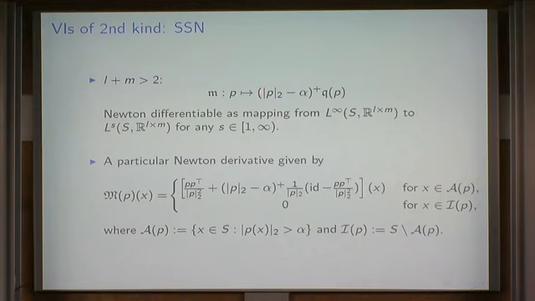And if you're on the so-called inactive set, which is everything else, then you can somehow specifically choose this derivative. I mean, this is just one selection. Remember, I gave you this theorem which says you can make a selection. So this is not an arbitrary element. This is a particular selection because I made a choice on the set where the max would be non-differentiable. Okay. But this is a valid Newton derivative.